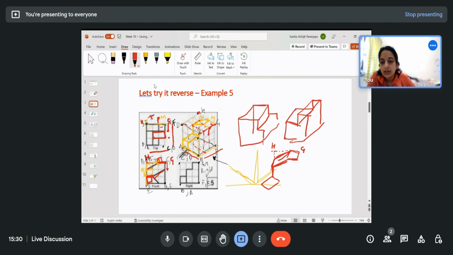This line is basically seen as a point over here. So to locate either this point or this point, let us try to locate this point. So I have to come down here and come one step to the right.